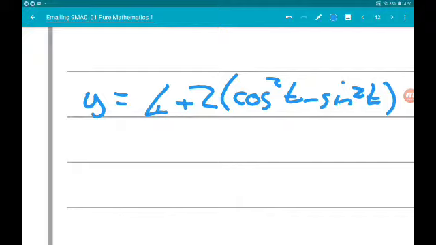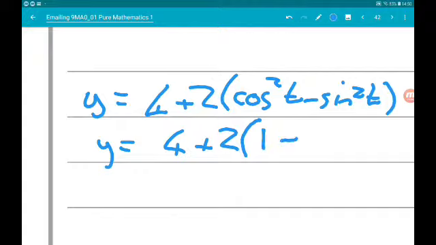So we've got y is equal to 4 add 2 lots of 1 minus 2 sine squared of t.